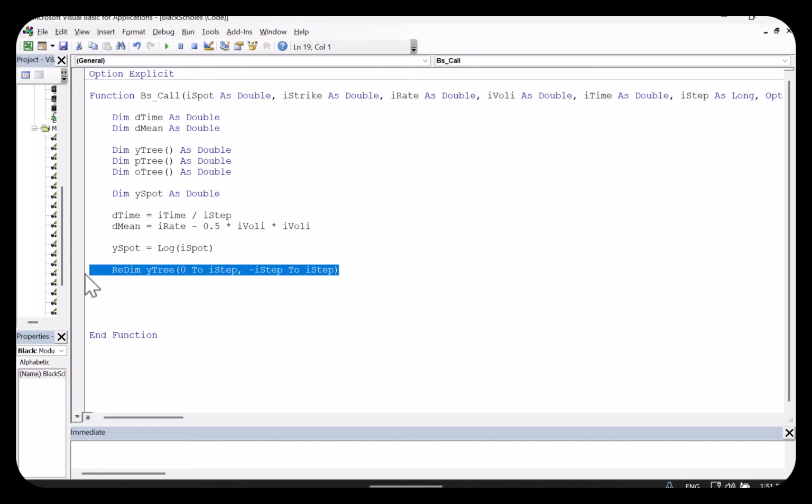Since I'm going to do the same thing for others too, I didn't mean to indent them that much. So let's say we're doing 100 steps. So time steps are going to be tagged from 0 to 100, and price steps are going to be from negative 100 to positive 100.